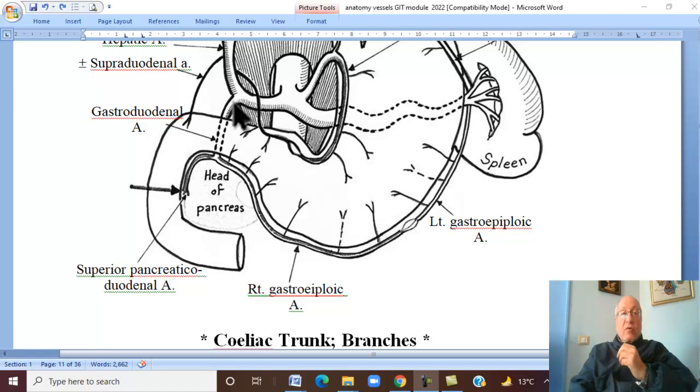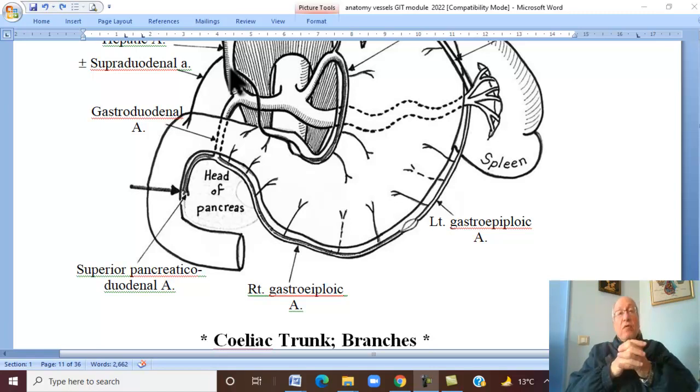Proximal to gastroduodenal is common hepatic artery.